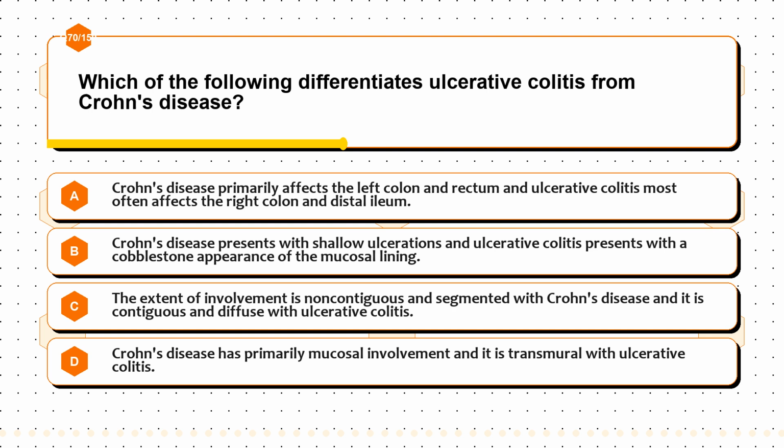Option B, Crohn's disease presents with shallow ulcerations and ulcerative colitis presents with a cobblestone appearance of the mucosal lining. Option C, the extent of involvement is non-contiguous and segmented with Crohn's disease, and it is contiguous and diffuse with ulcerative colitis. Option D, Crohn's disease has primarily mucosal involvement and it is transmural with ulcerative colitis.